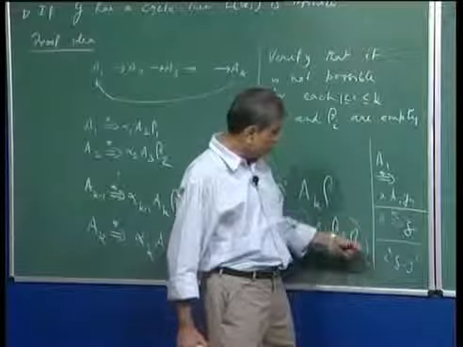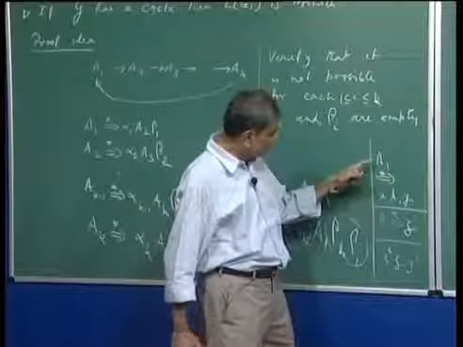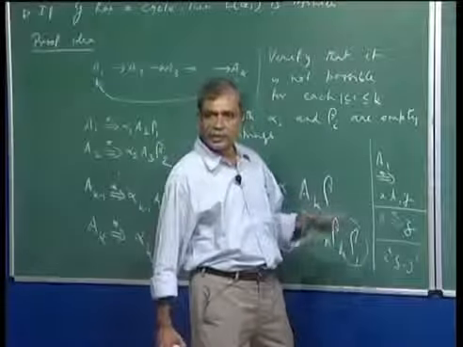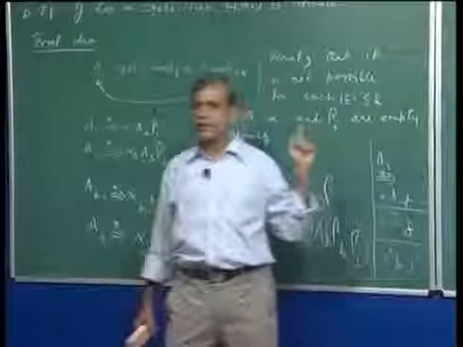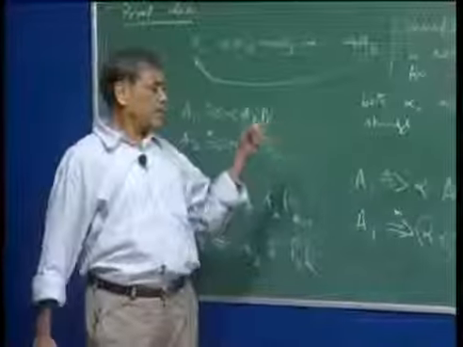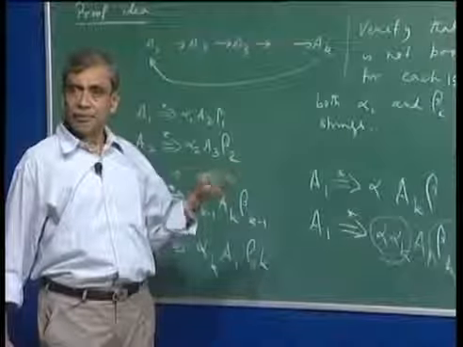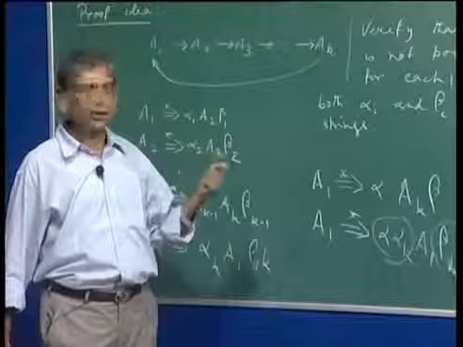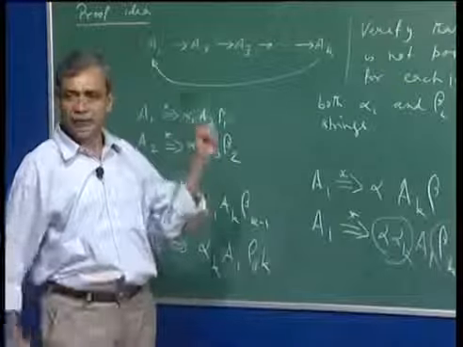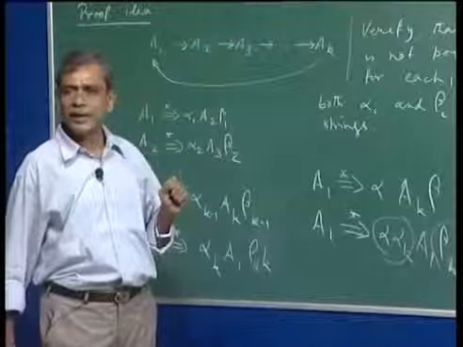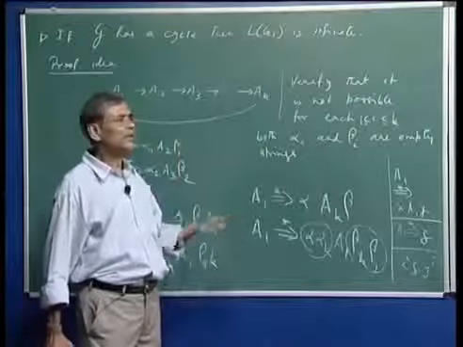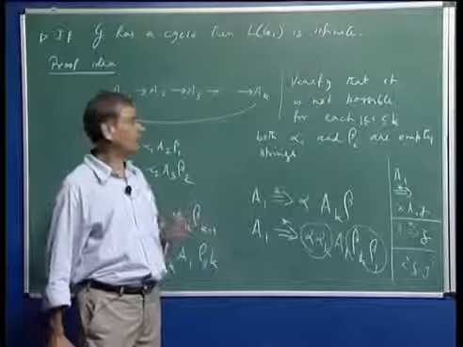So, therefore, it is very clear that in this case this A1 will generate infinitely many strings, and then of course, they will be starting from the start symbol S, because A1 is reachable, because G1 is a Chomsky normal form grammar, you will have some string starting from S with A1 in it, and now this A1 can derive infinitely many strings. So, therefore, S itself can derive infinitely many strings.